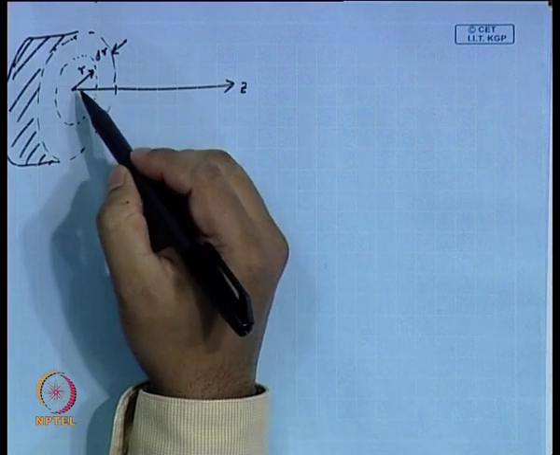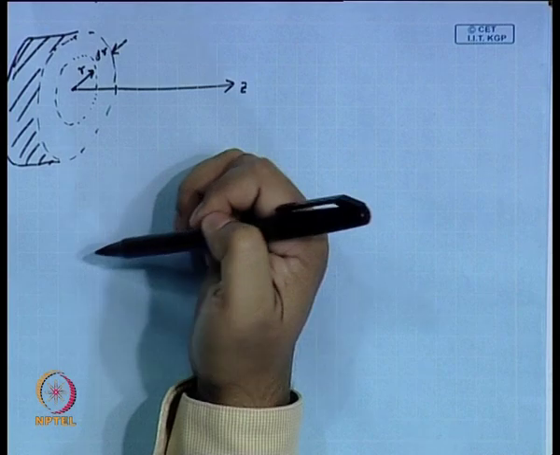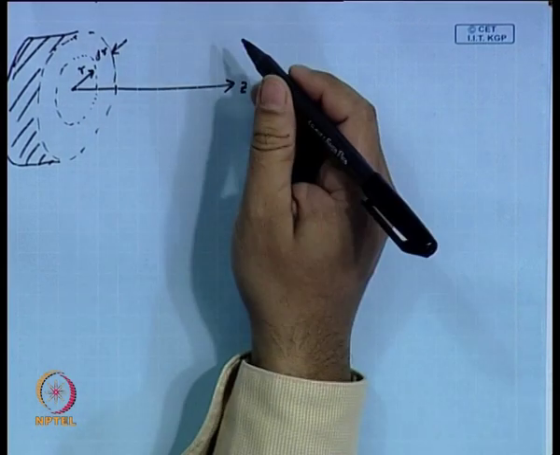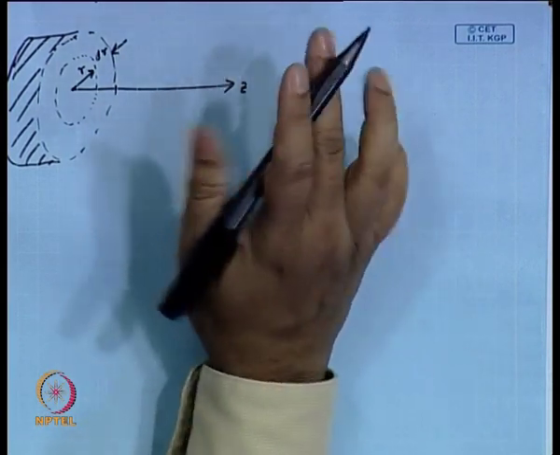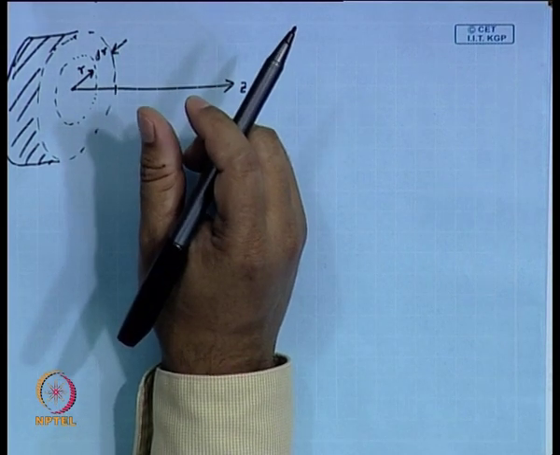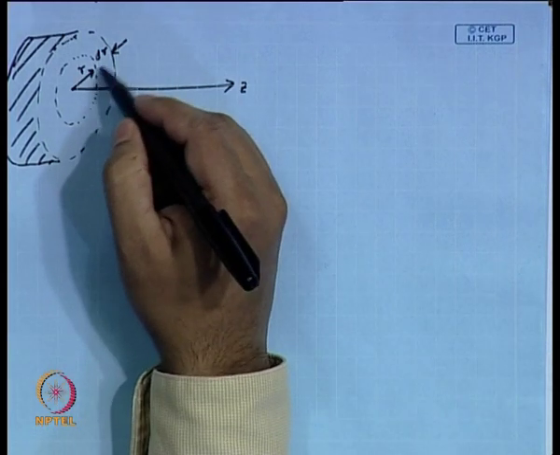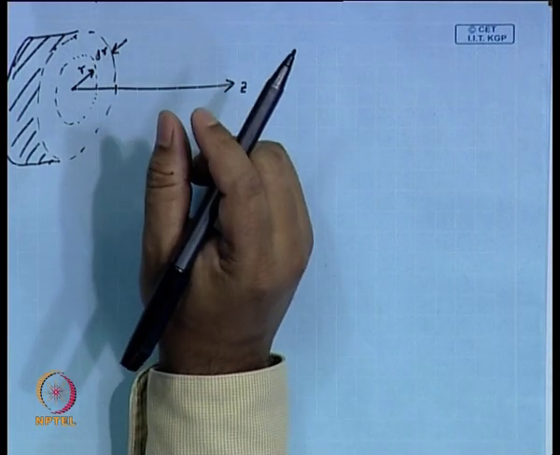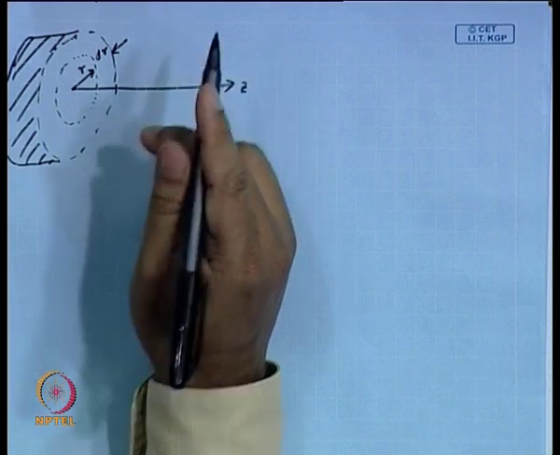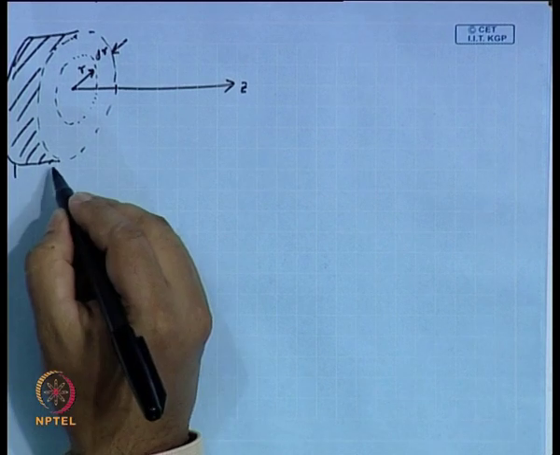This is r, and this is delta r, and the radius of the tube is defined as capital R 0. So, we are picking up an annular element, like a washer shaped element, of radial thickness delta r and length delta z.